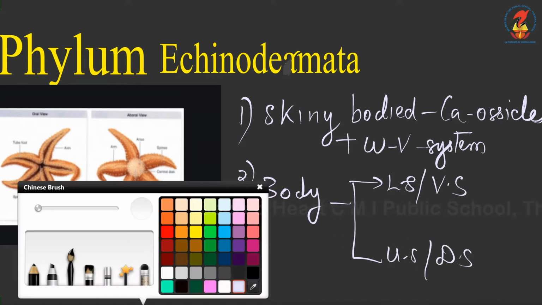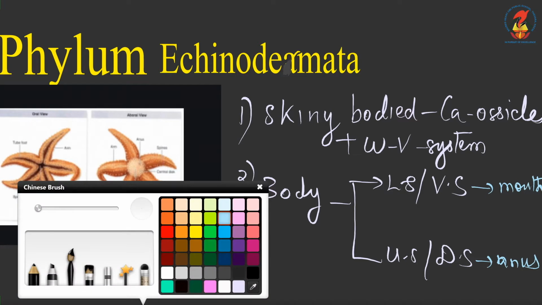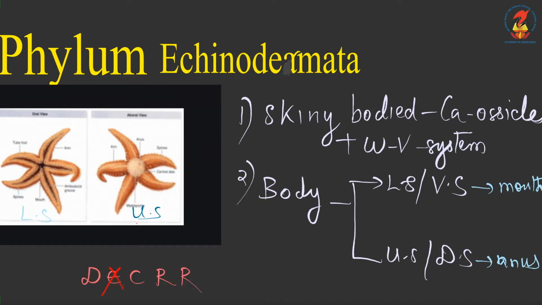Now, what is present in the lower surface? On the lower surface, the mouth is present, and on the upper surface, the anus is present. So, showing on this diagram, this is the lower surface shown, and this is showing the upper surface. Clear? Now, on the lower surface, I am going to highlight the mouth.